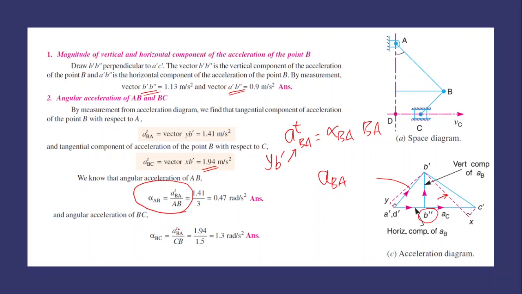And we divide that by CB, which is equal to alpha BC. That's equal to 1.3 radian per second square. That's all about the acceleration diagram. Thank you all.